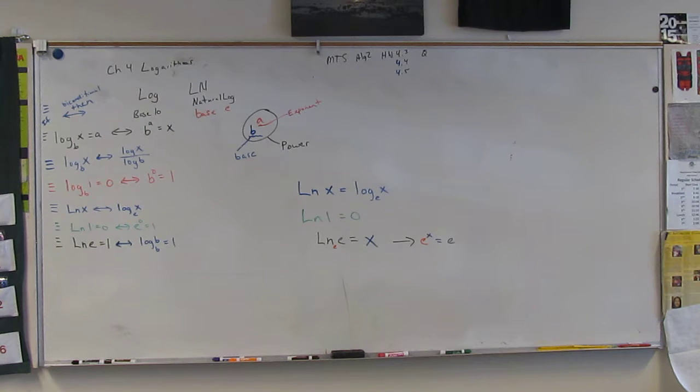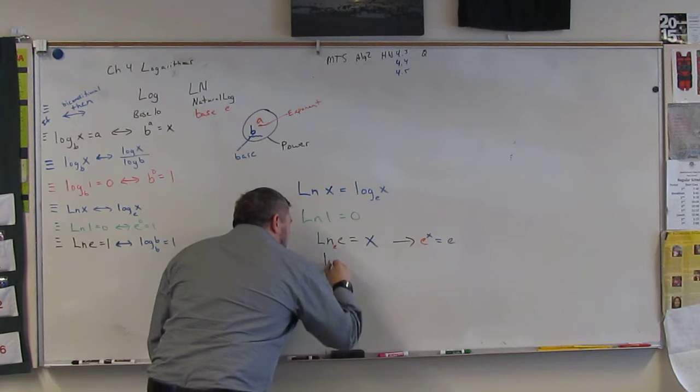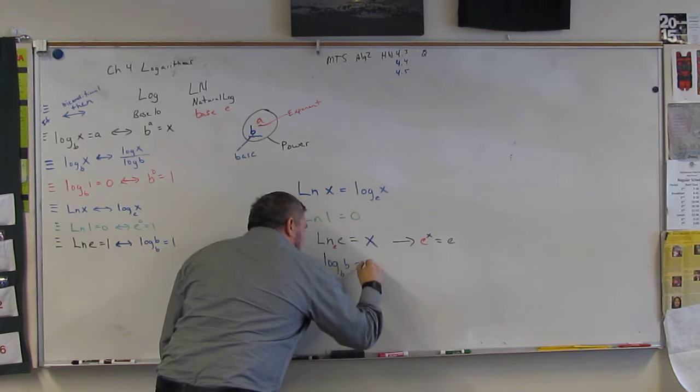Any log with the same base as the number, wouldn't that equal 1? Think about that for a second. So I'm saying log base b of b, that equals 1.